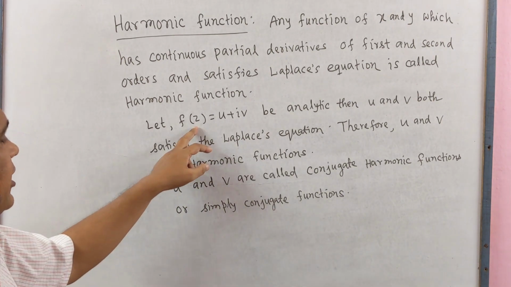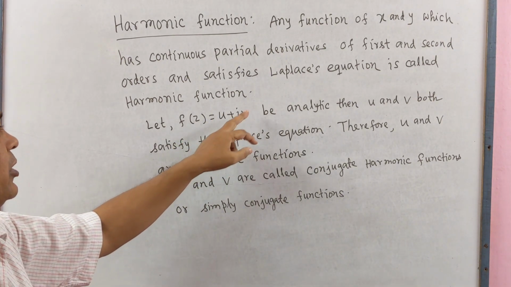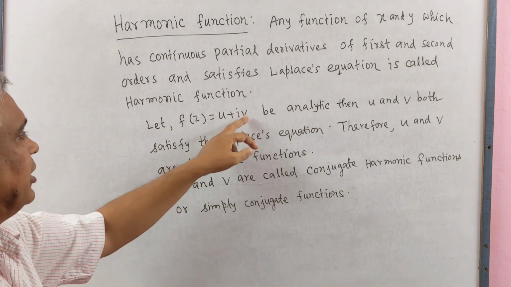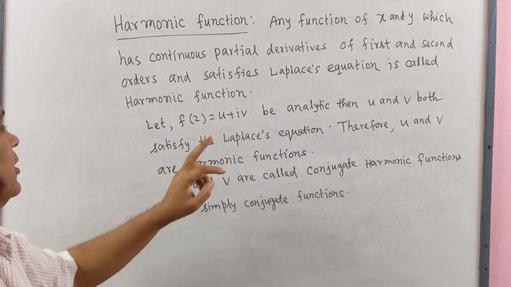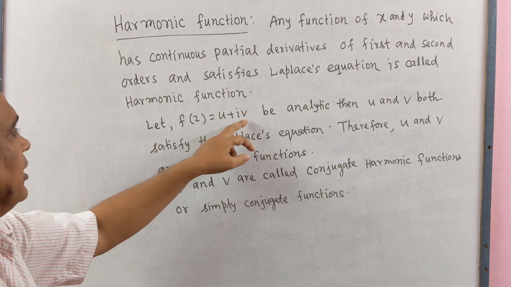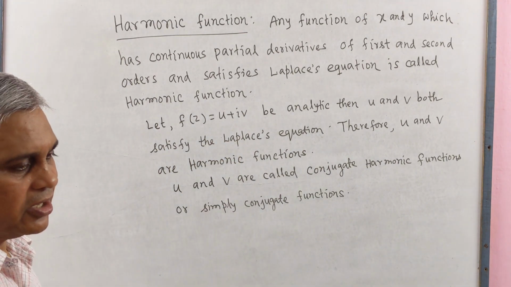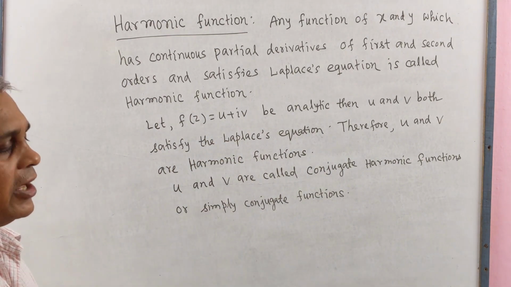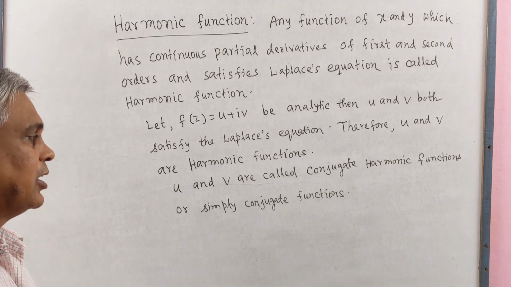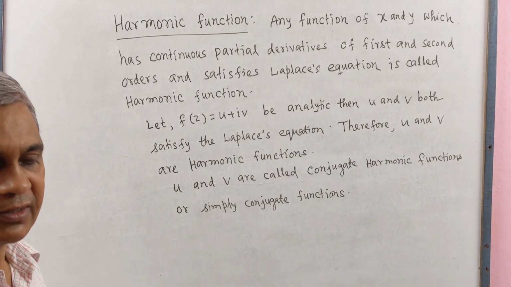Let f(z) = u + iv be analytic. Then we know that u and v satisfy the Laplace equation. Therefore, u and v are harmonic functions. u and v are called conjugate harmonic functions or simply conjugate functions.